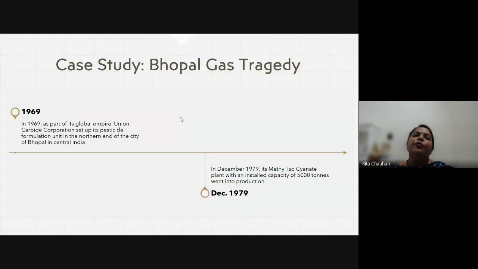Another example of air pollution we have in India: in 1969 there was a Union Carbide Corporation. One factory was set up in Bhopal, one of the cities, and in December 1979 there was a release of methyl isocyanate.